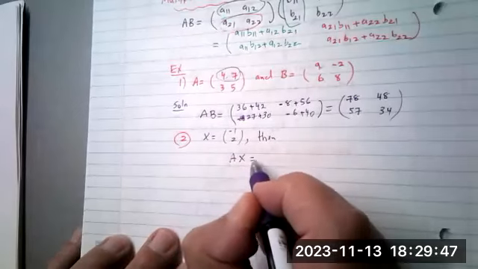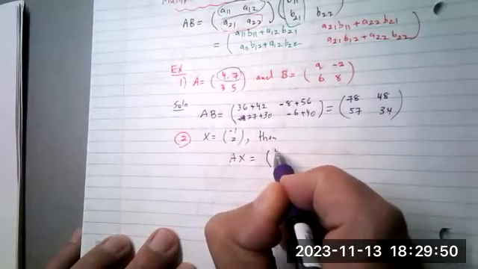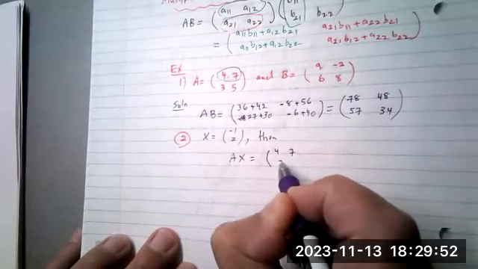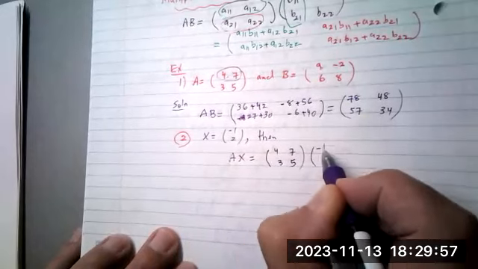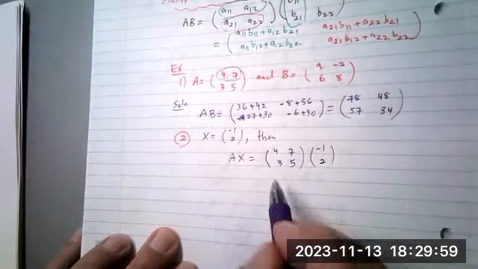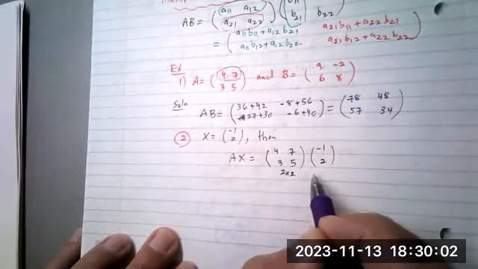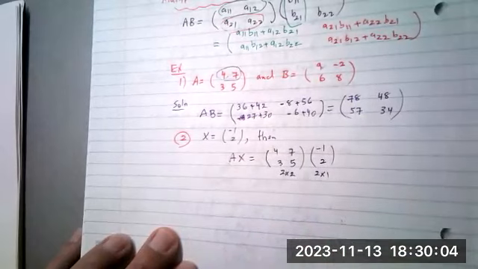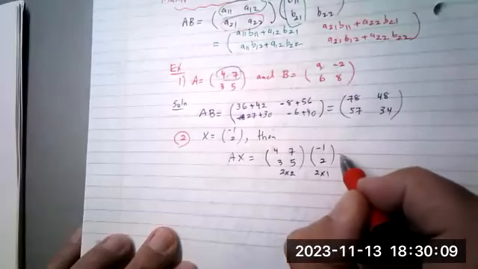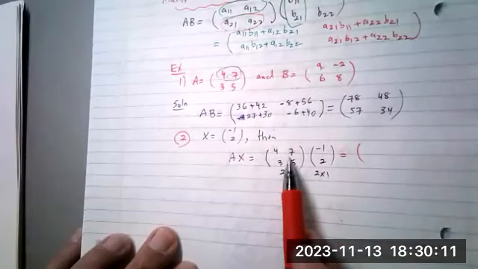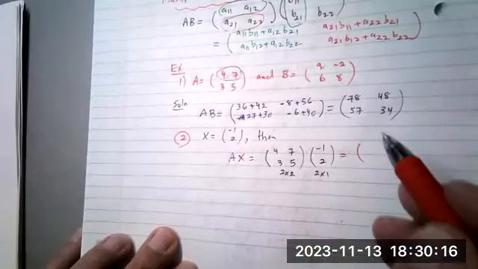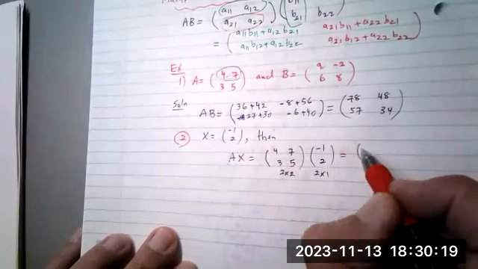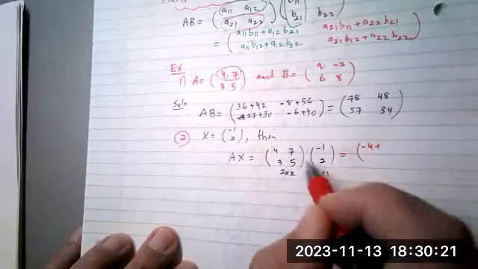So this is your A: 4, 7, 3, 5. It's a 2 by 2 matrix. And then you multiply by -1 and 2. This is a 2 by 2, and this is going to be 2 by 1. So you know that the result is going to be 2 by 1. You get the first row times the column: -1 times 4 is -4, plus 14.